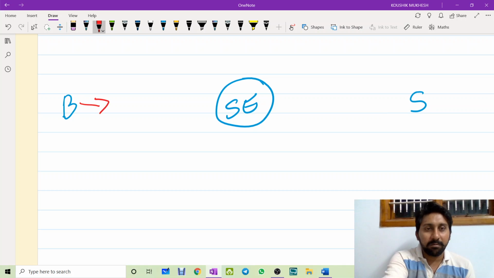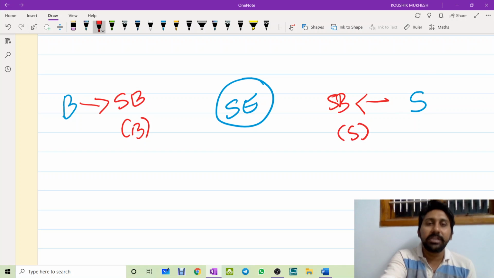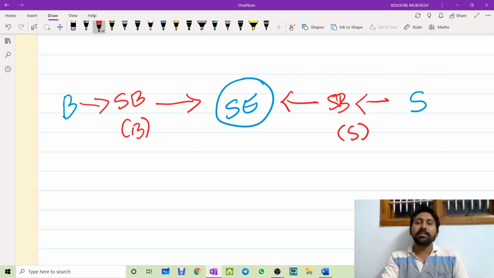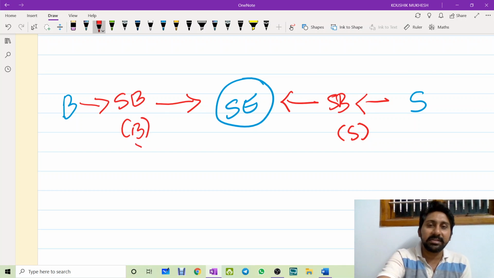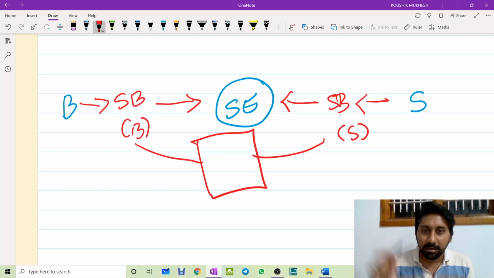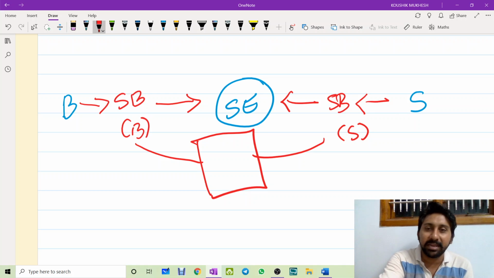The buyer will give a buy order to the buyer's stockbroker. The seller will give a sell order to the seller's stockbroker. These two people will meet at a stock exchange. In this stock exchange, your buy and sell quotations will meet at the transaction house, where the booking house will book your buy and sell.